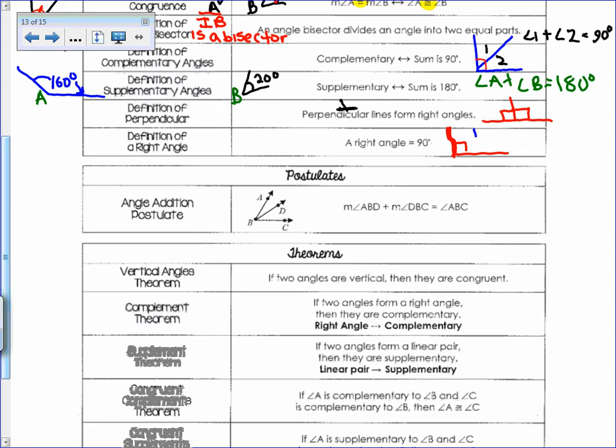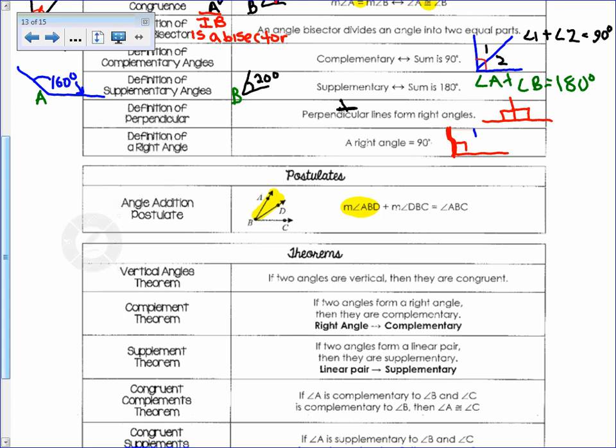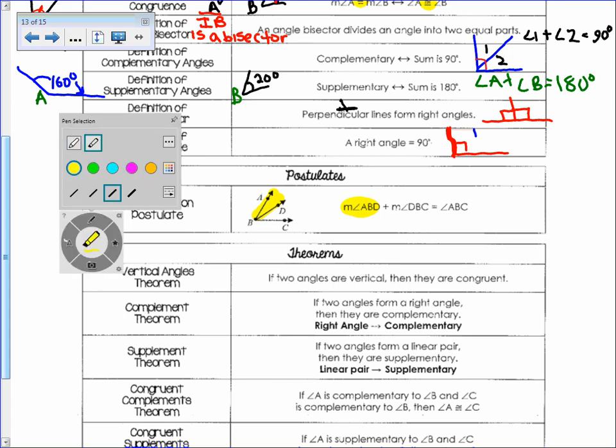The angle addition postulate, so you can see a little bit clearer. That's just saying angle ABD, that's this angle, plus angle BDC, plus that.